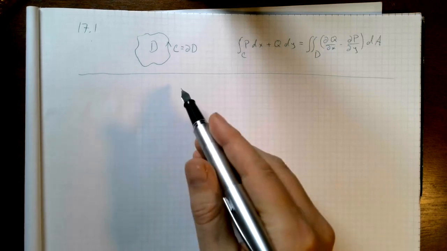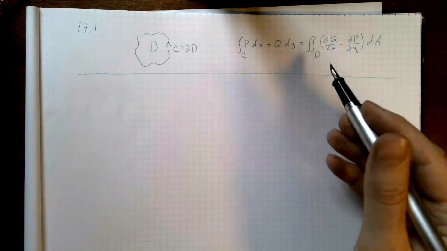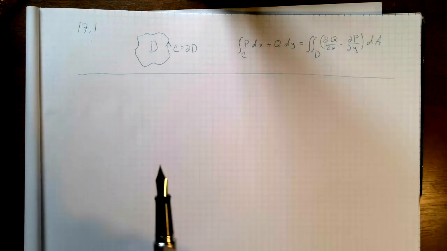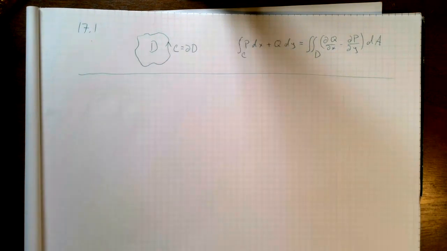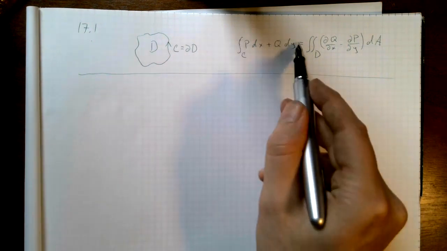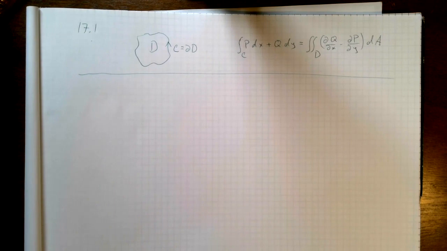Integrating over the inside some sort of derivative is the same thing as integrating, well, here it's sometimes called a one-form, P dx plus Q dy, over the boundary.